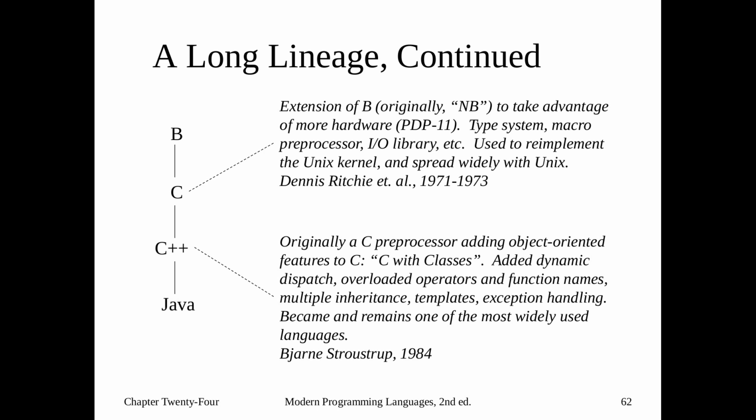Originally it was supposed to be just a preprocessor that added object-oriented concepts to C, but it ended up becoming its own language in itself, and this was originally written by Bjarne Stroustrup back in '84, right? So now he's adding in things like overloaded operators and function names, dynamic dispatch, exception handling, and templates, where the C++ template language in itself is Turing complete.